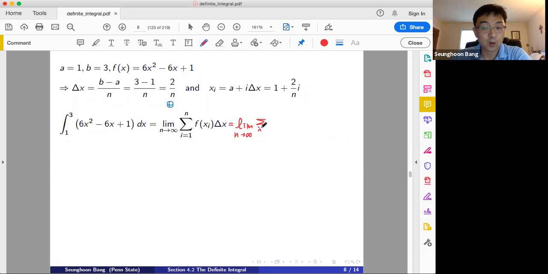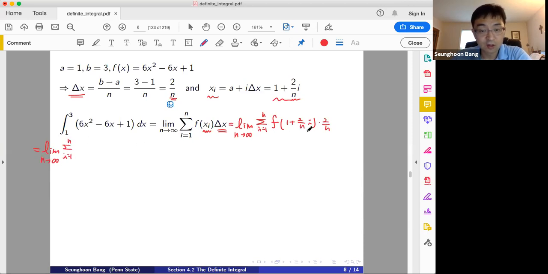Summation i equal to 1 to n, f of x_i is here. x_i is 1 plus 2 over n i, times delta x, which is 2 over n, like this. This is the same as the limit as n approaches infinity, summation i equal to 1 to n.